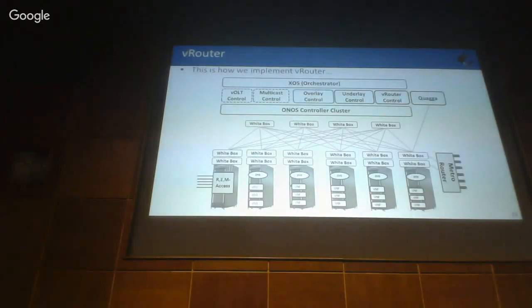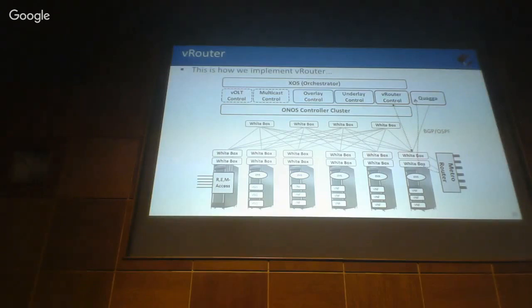Instead, the router is the leaf spine fabric, and we have the vRouter app provision the white box switches with the right rules to perform that routing function.